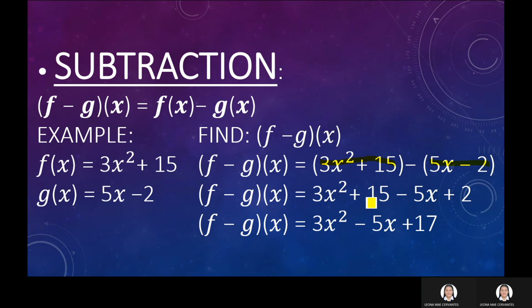So 3x squared plus 15 minus 5x, then plus 2. Next, we have 3x squared minus 5x, then 15 plus 2 is equal to 17.